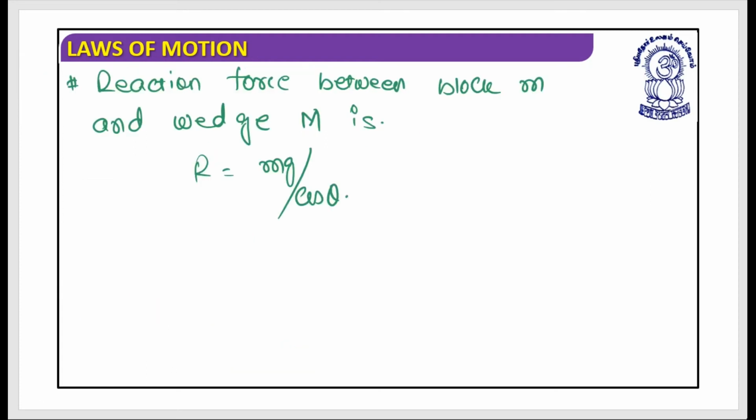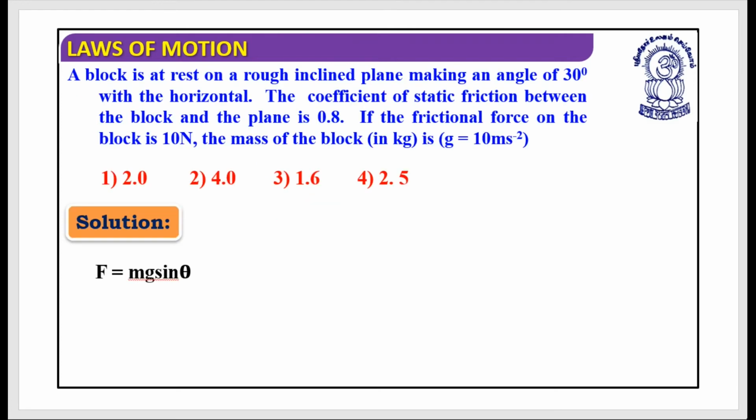The reaction force between the block and wedge is mg by cos theta. Do not make a mistake by making it mg cos theta. Yes, let's have a look at the next question.